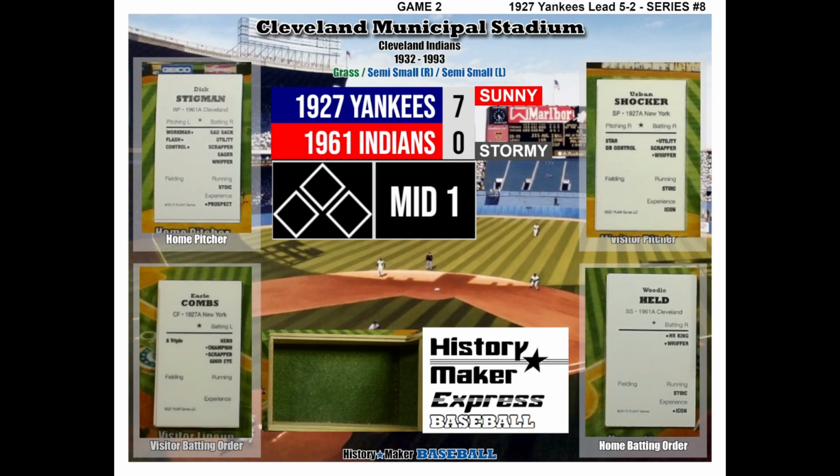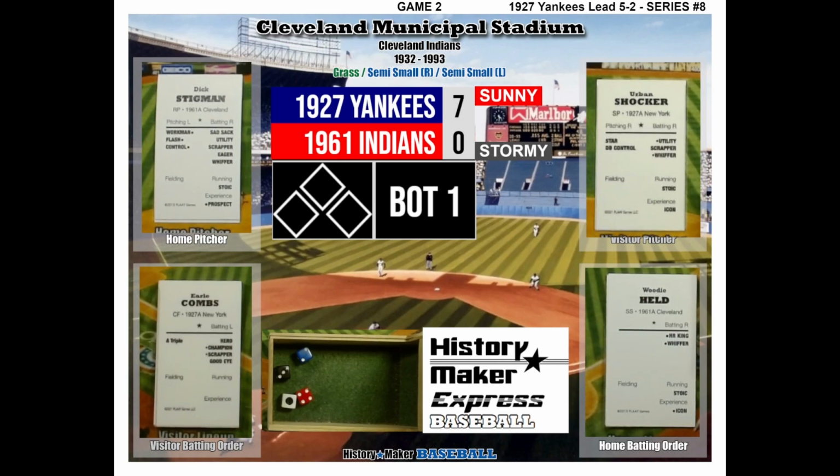I think he will. Oh my gosh, with the way this game's going, I think he may. I think the 1961 Indians are telling the Yankees, yeah, you know what, you take this game. We're going to try to throw as much as we can.